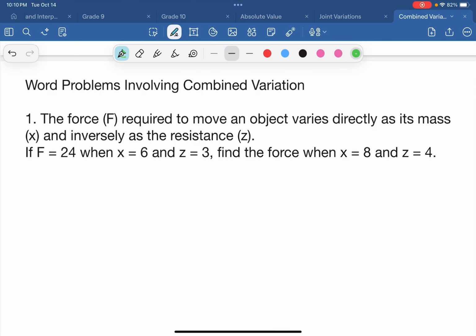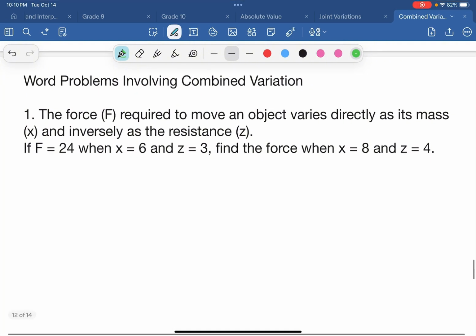Now let's have some word problems involving combined variation. First, the force F required to move an object varies directly as its mass x and inversely as the resistance z. So F is equal to k x over z.